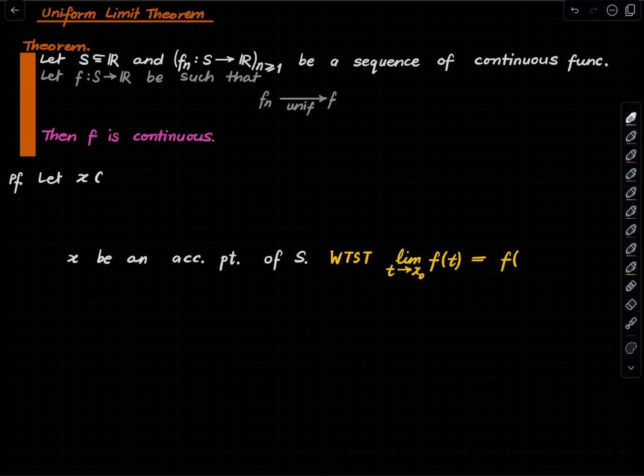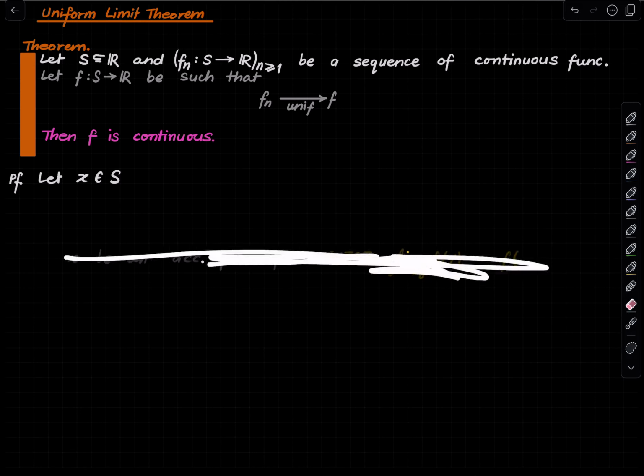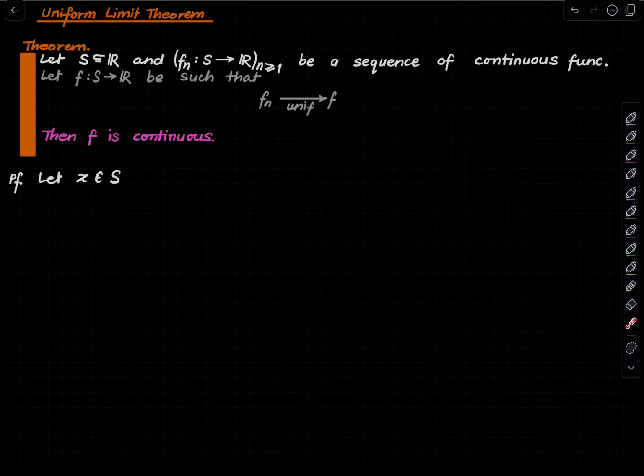Let x in S. I'll explain why I am fussing about this. Fix a point in the set S. If it is an isolated point, nothing to do. So let's assume that it is an accumulation point of S. So pick an accumulation point of S which is in S. Because if it is not an accumulation point, then it is an isolated point. And for isolated points, there is nothing to do.